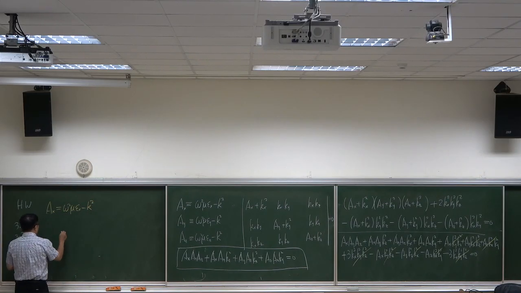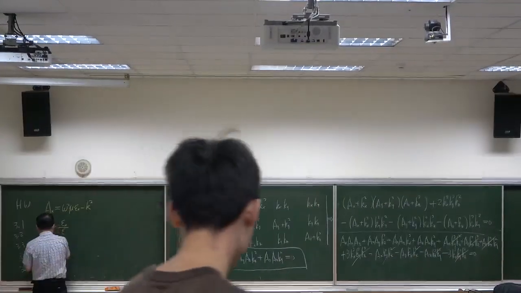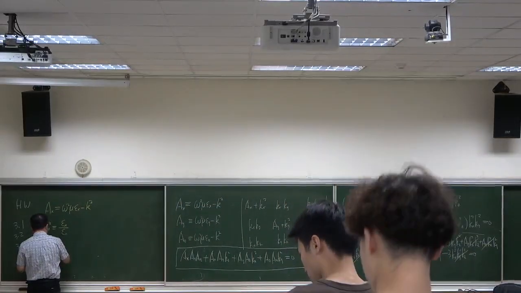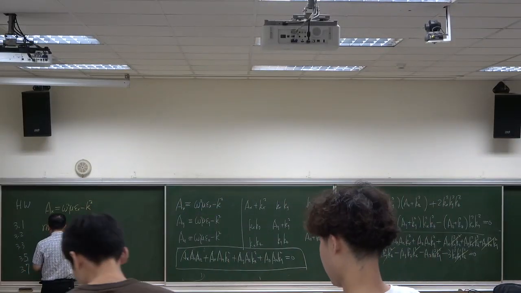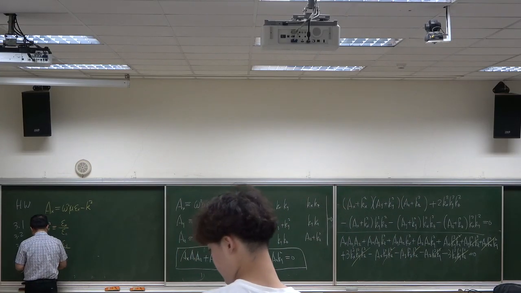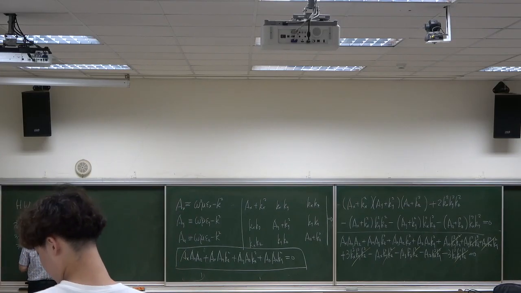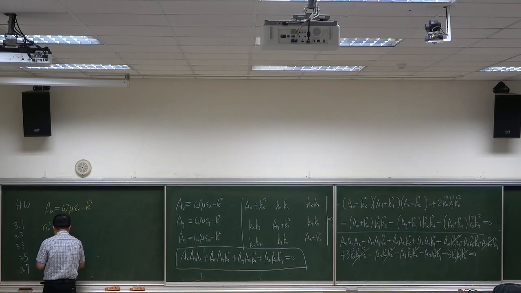And now we define three quantities: we define nx squared as epsilon x over epsilon naught, ny squared as epsilon y over epsilon naught, and nz squared as epsilon z over epsilon naught.